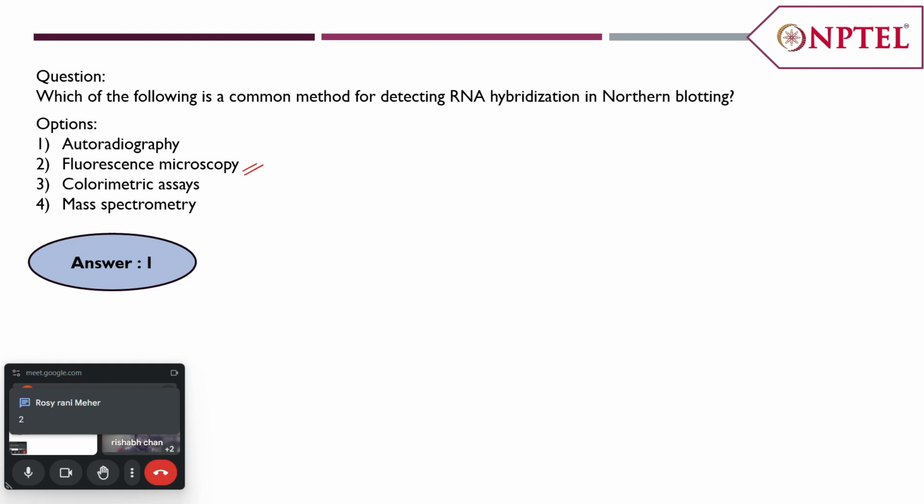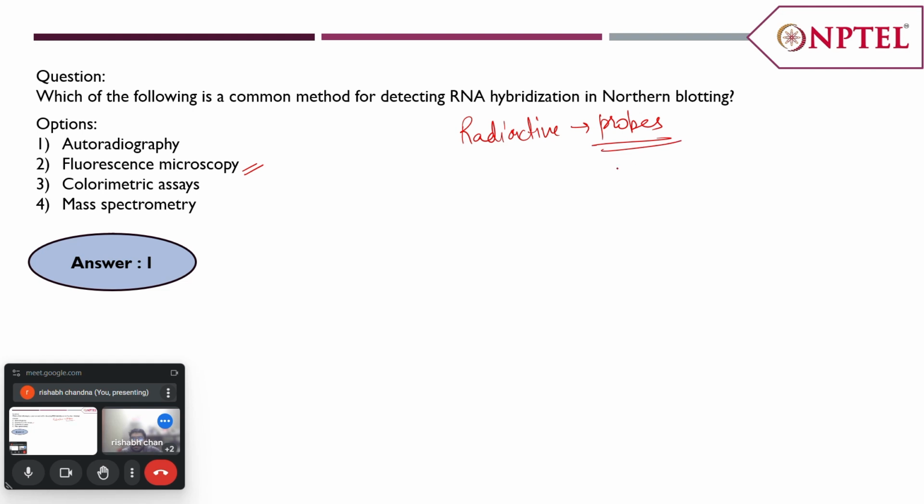Okay, because we will be using radioactive labeled probes. So that is why autoradiography is the common method. If we are using fluorescently labeled probes, that is generally not used with autoradiography.